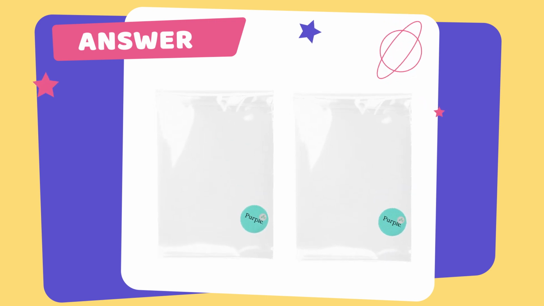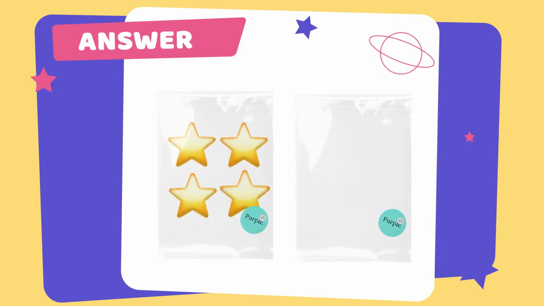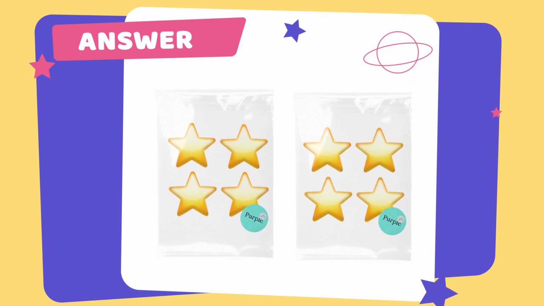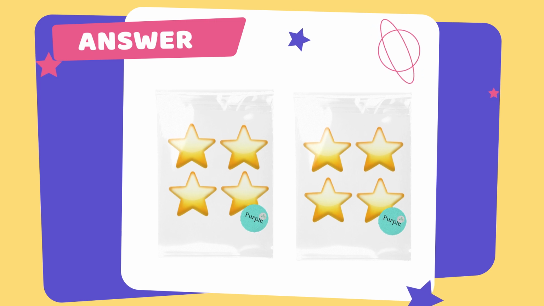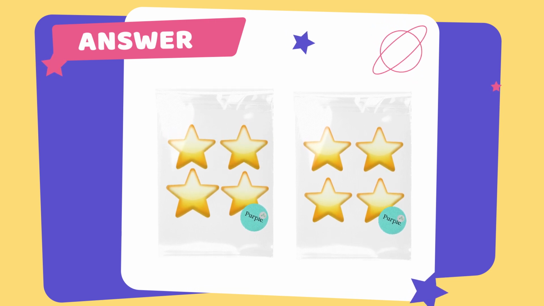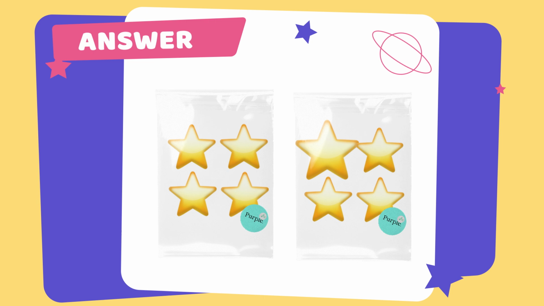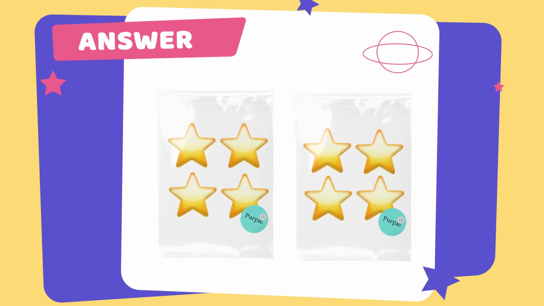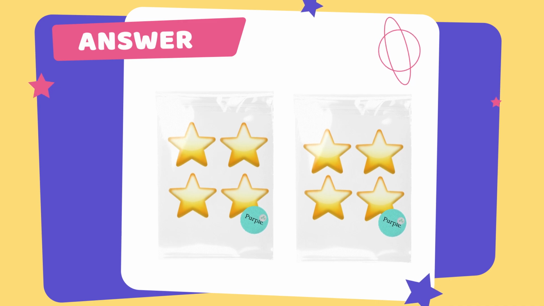You have 2 plastic bags, and each bag contains 4 stars. If you count all the stars, you will find 8 stars in total. Let's count together. 1, 2, 3, 4, 5, 6, 7, 8. So, 4 times 2 equals 8.